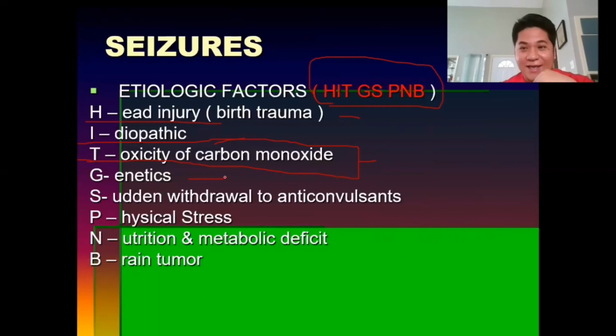Genetics means it runs in the family, so we cannot change it. Or sudden withdrawal of anticonvulsants. Remember, these should not be abruptly stopped. They need to be tapered slowly and surely. Physical stress, of course.